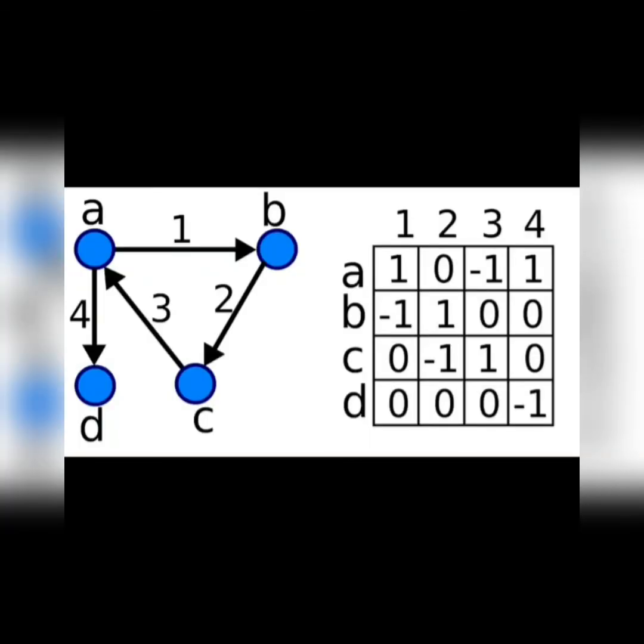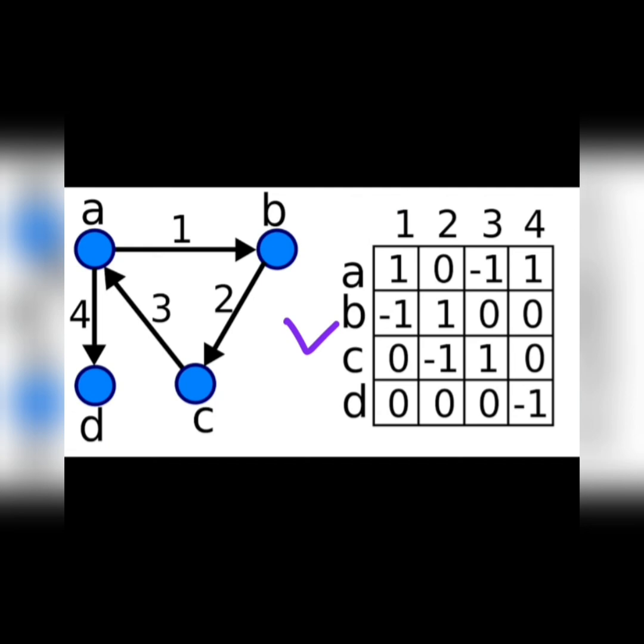Next is how to find the incidence matrix of a graph. Here also I have given a graph like this, and I'm going to find the incidence matrix of this graph. Here a slight difference is there from the adjacency matrix. We will fill the rows of the matrix with the vertices and the columns of the matrix with the edges of the graph.